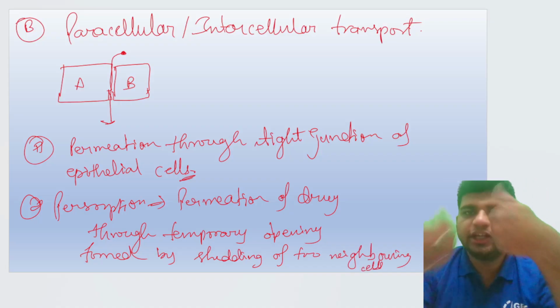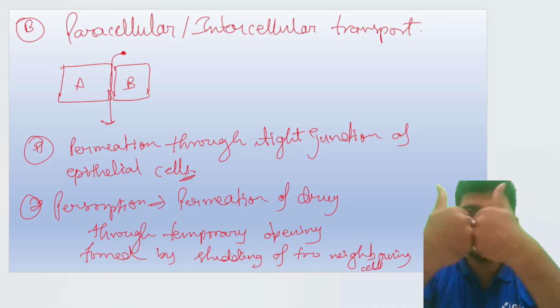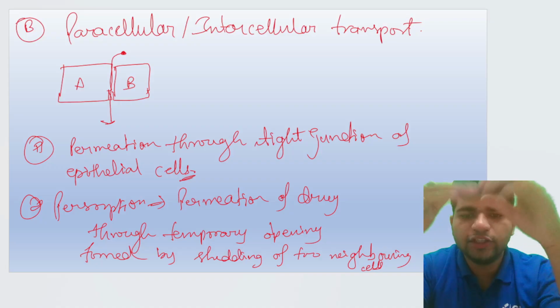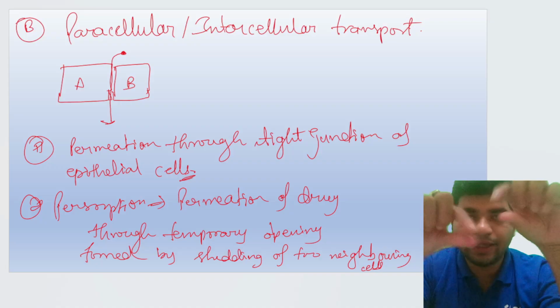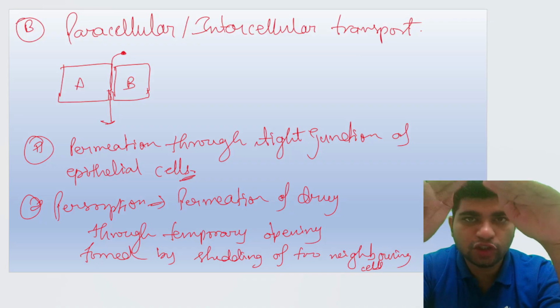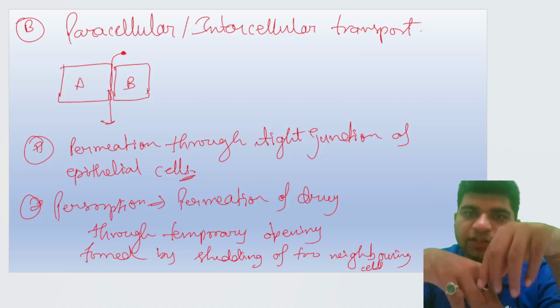For example, first they go through the friction part, and there will be a shedding of the cells, and then there will be a production of a gap. That gap is responsible for the drug transportation.